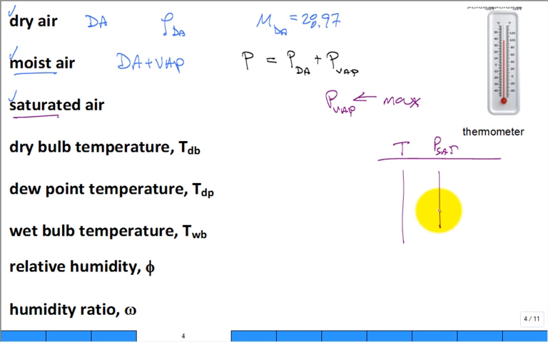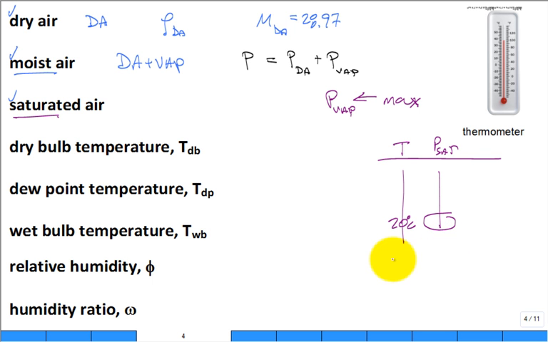So right away, let's say I look at 20 degrees C, and then I read over and I say, what is P sat? That's the saturation pressure. That's the maximum partial pressure that water could exert in my moist air. When it exerts that, it's saturated air.